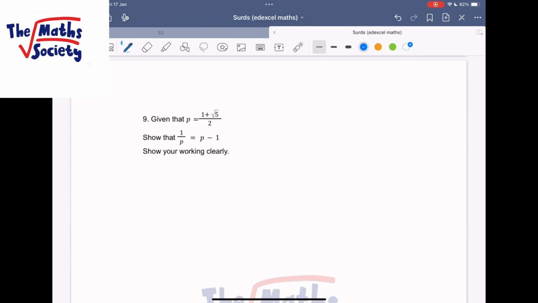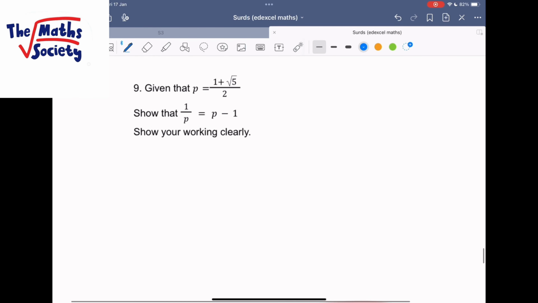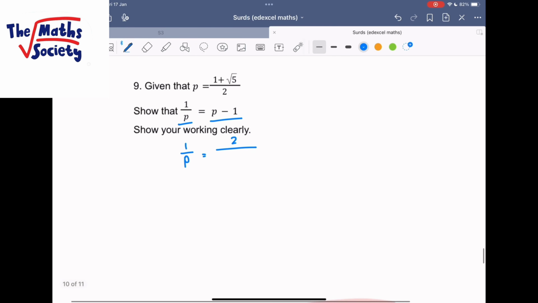And so now we'll move on to question 9. So given that p is equal to 1 plus root 5 by 2, show that 1 by p equals p minus 1. So we need to make sure that 1 by p's answer is the same as p minus 1. So let's find 1 by p first. For 1 by p, it would be reversed, so it would be 2 over 1 plus root 5. And you've got to multiply by 1 minus root 5, to rationalize them.